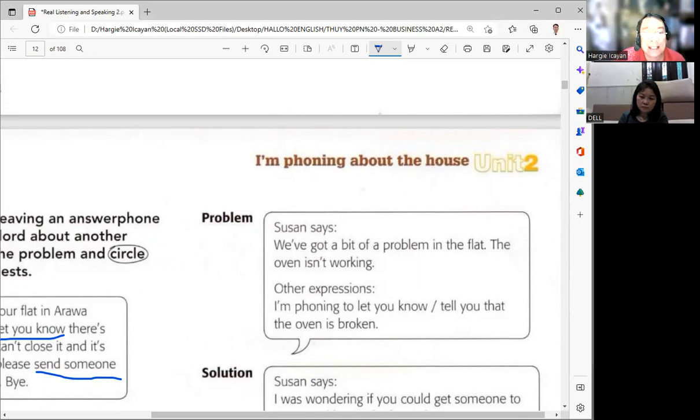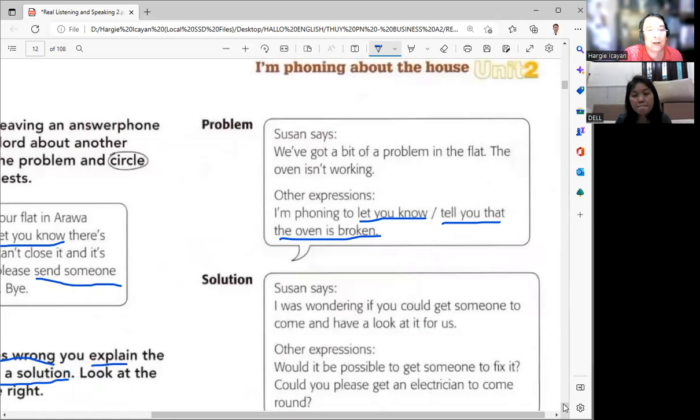Or you can also say, I'm phoning to tell you that the oven is broken. You can replace the words let you know with tell you. So I'm phoning to tell you that the oven is broken.